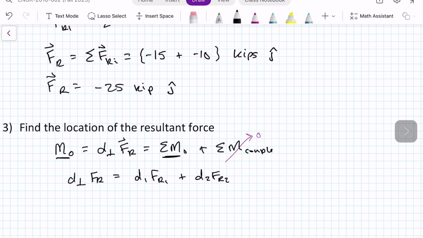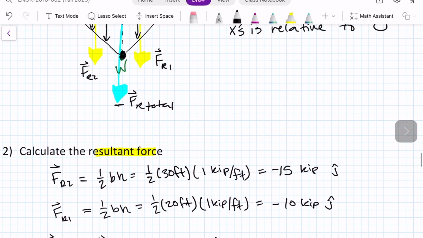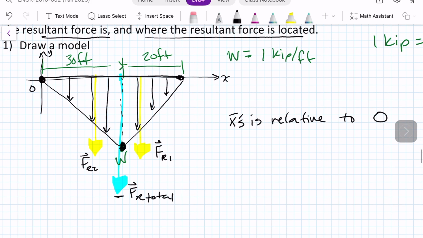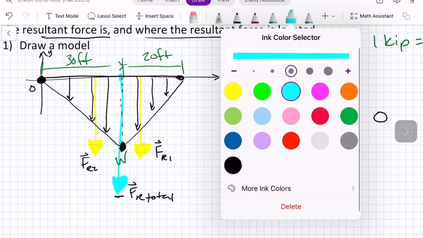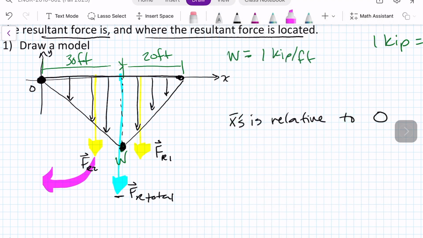Before we go any further, we need to check what directions these moments are going to be. We defined point O to be over here on the left. If each of these forces are generating moment about O, since they're all pointing down, they will all be going in the clockwise direction. So each of these moments is going to be negative.